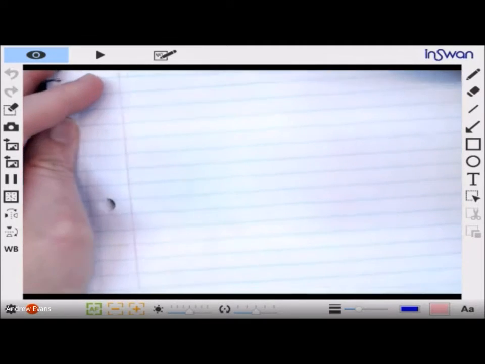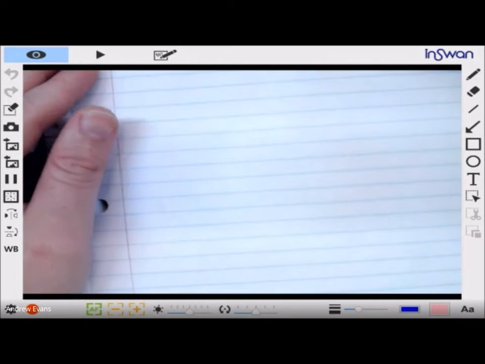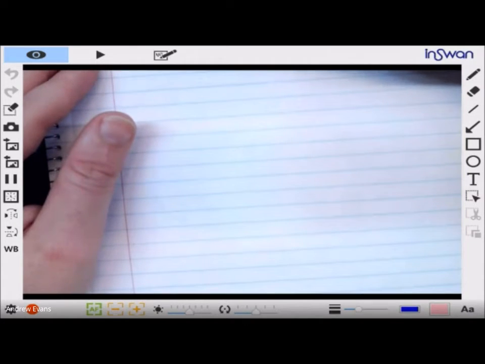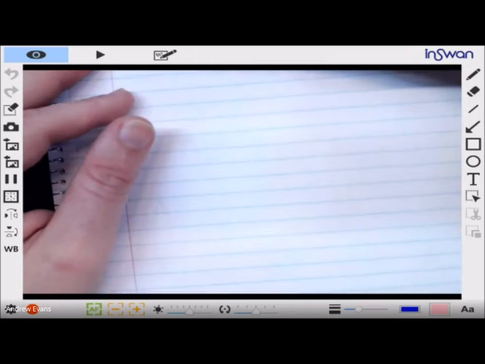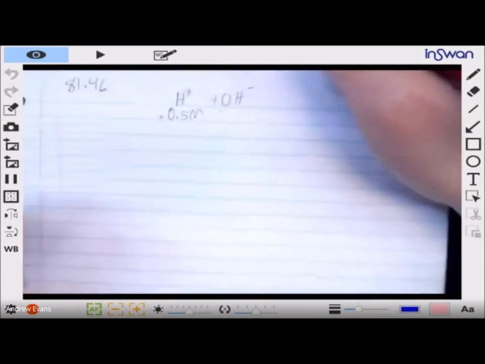What happens if in our equation we add a bunch of acid? Let's say we add 0.5 molar of acid.